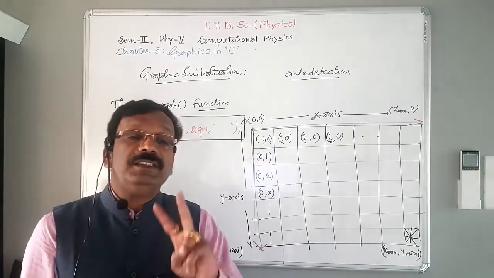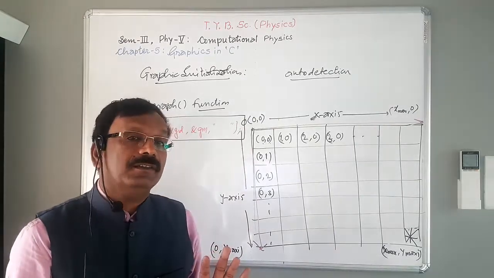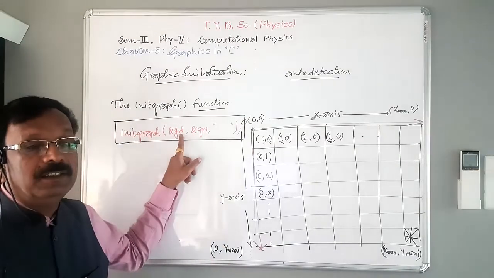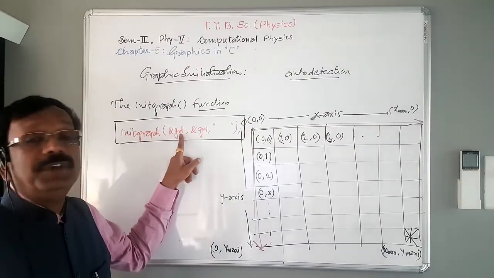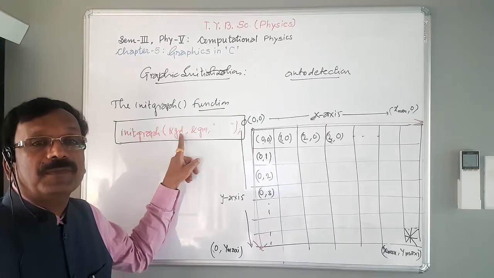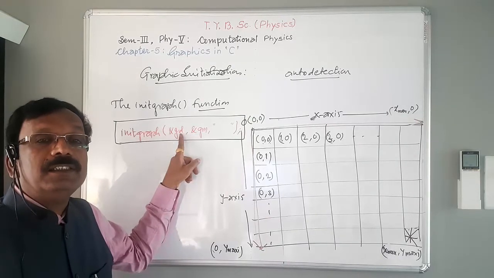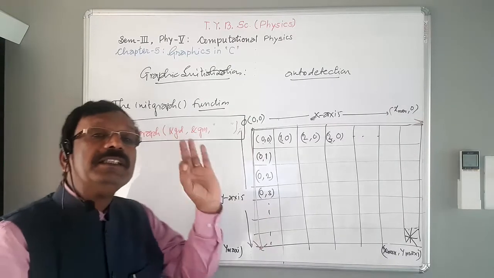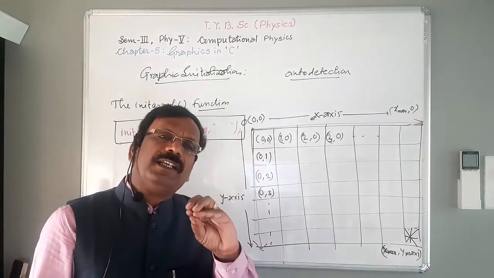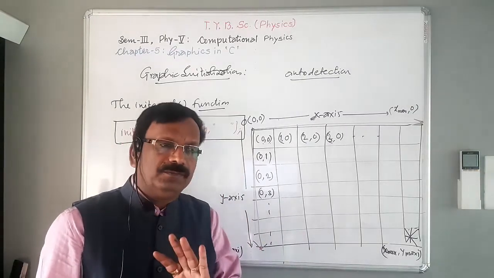This initgraph function consists of 3 arguments. First, GD. We know that GD is the graphic driver, this is a program, and this is an integer number which will be studied in detail later on.